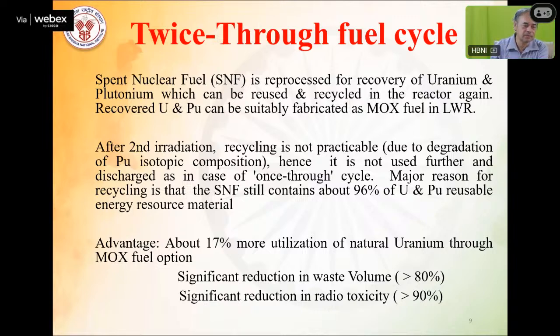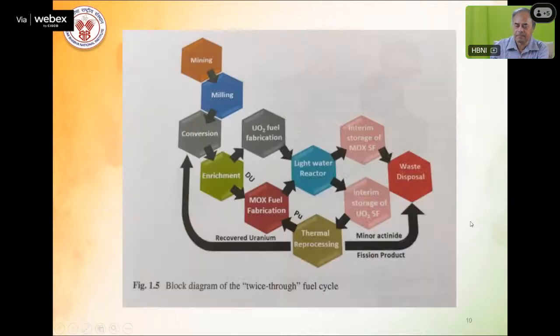Slides. This is the diagram for twice through fuel cycle. You will find that after the light water reactor, the interim storage, the spent fuel is taken for thermal reprocessing. Then plutonium, whatever is extracted out, that is sent for MOX fuel fabrication.